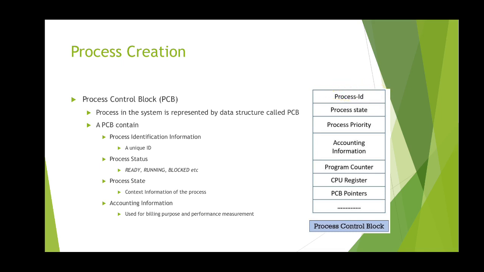Then comes the process state, and this process state indicates context information of a process. The next one is the process priority, which is used by the process scheduler, and using this priority, the scheduler assigns tasks to the CPU. Then there is the accounting information, which is used for billing purposes and performance measurement. Then it also contains the program counter, CPU registers, and PCB pointers.